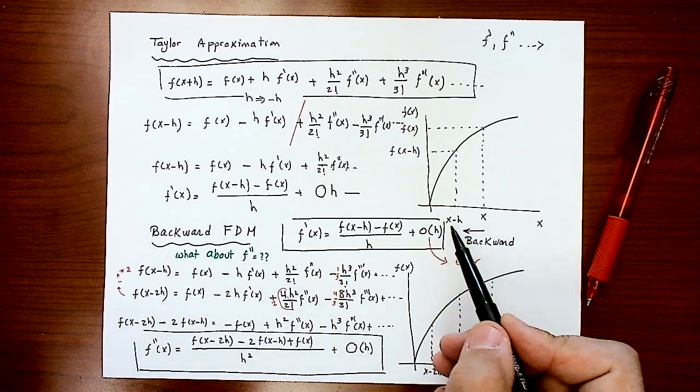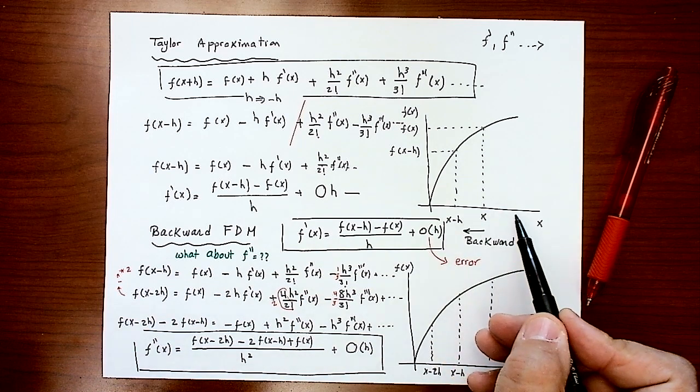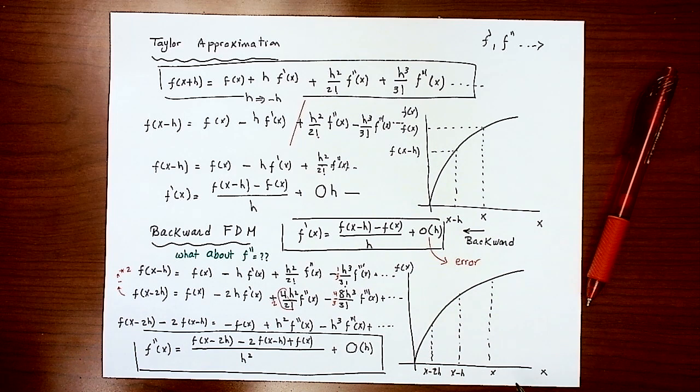So instead of having x minus h, you will have a point forward, x plus h. For double prime, you will have to add 2 points to the right and follow the same steps. Then you can find the error of the forward and central method as well.